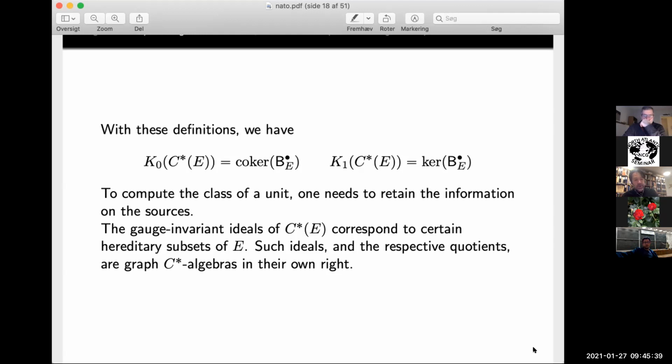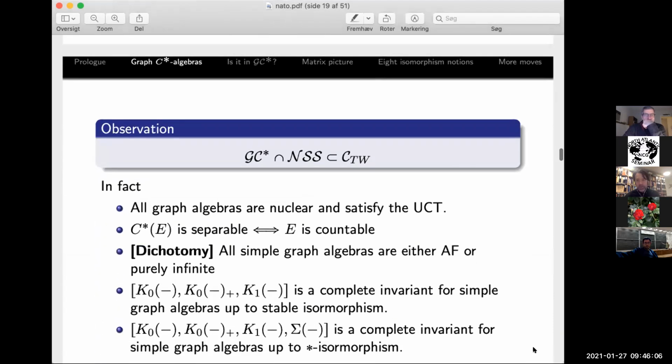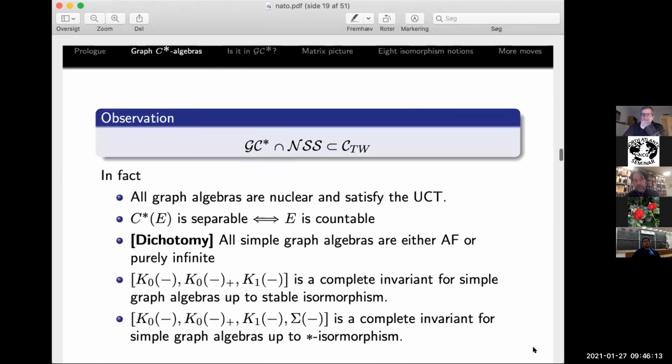You can also describe the gauge invariant ideals of these C-star algebras. They correspond to certain hereditary subsets, and it turns out that these ideals and the quotients that you get by modding out by them are themselves graph C-star algebras. So this is a nice closed class of C-star algebras. It's funny, Søren, because I just got this question in my class about graphs, whether an ideal like this is itself a graph C-star algebra, and you just gave an answer.